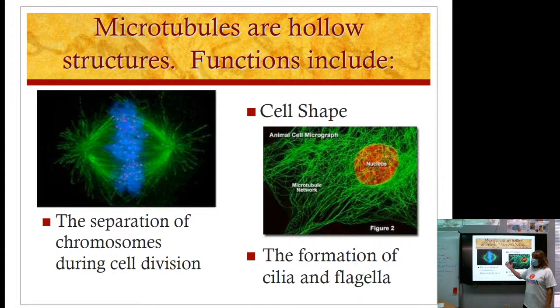There's another function, the formation of cilia and flagella. Basically, those are little extensions off the cell that help with movement. But the main thing you need to know microtubules for is that they help separate the chromosomes during cell division.